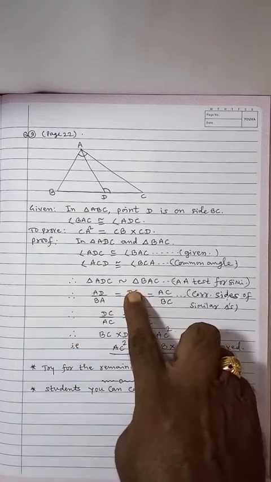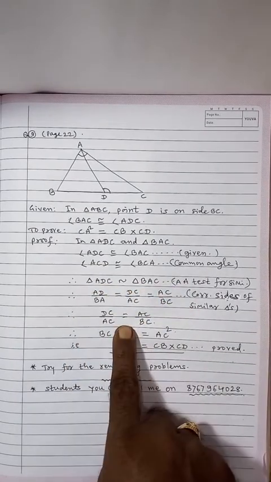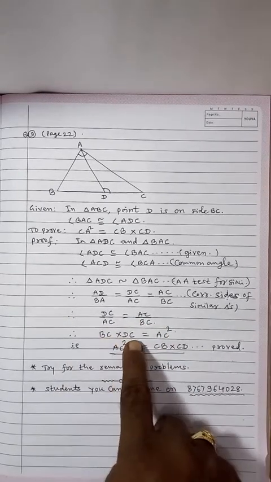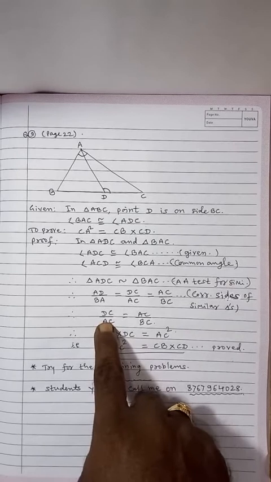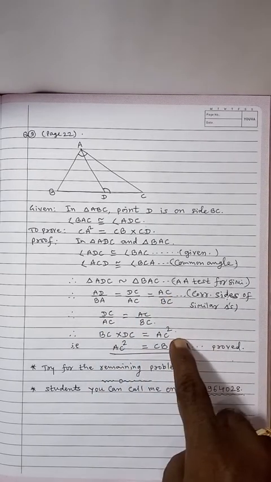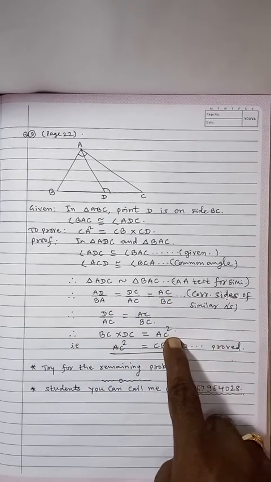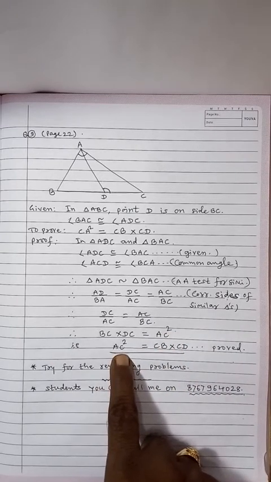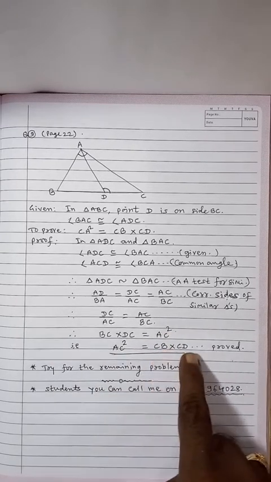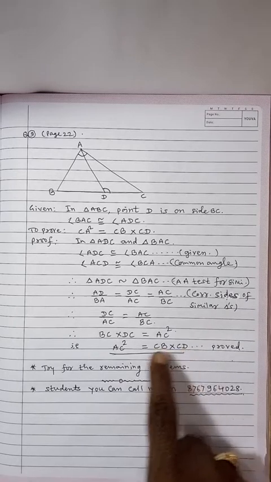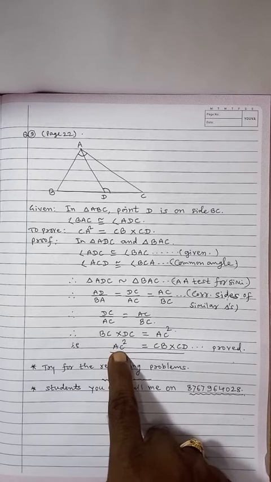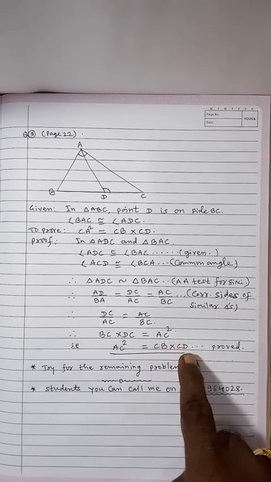So we get this is equal to this. And now cross multiply. BC into DC is equal to AC into AC. So AC square is equal to CB into CD, or you can say CA square is equal to CB into CD.